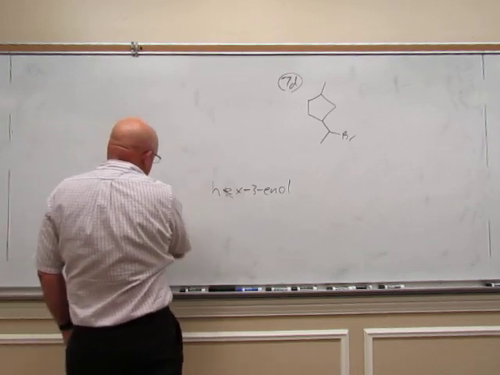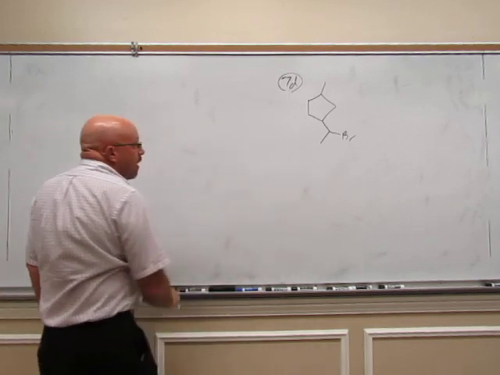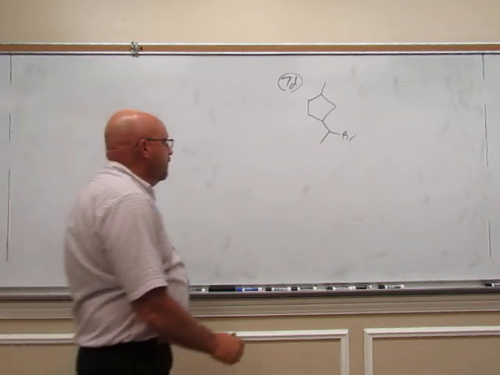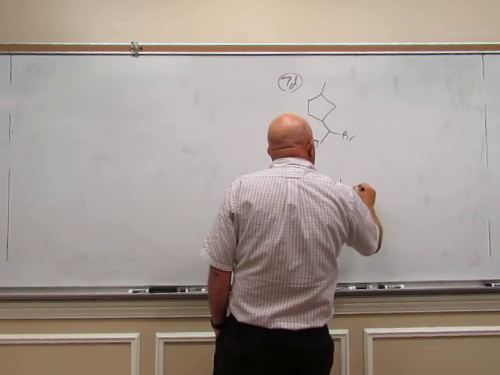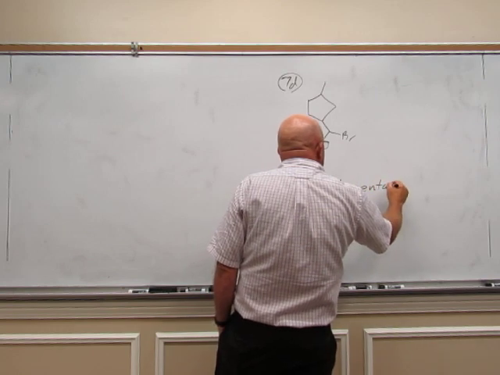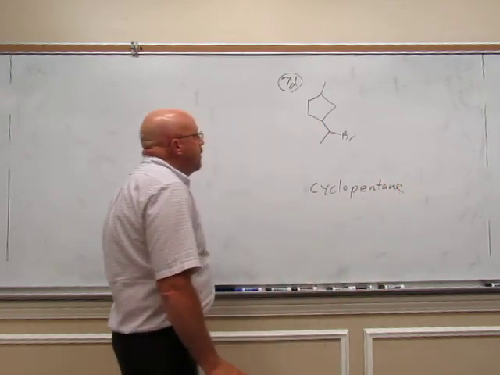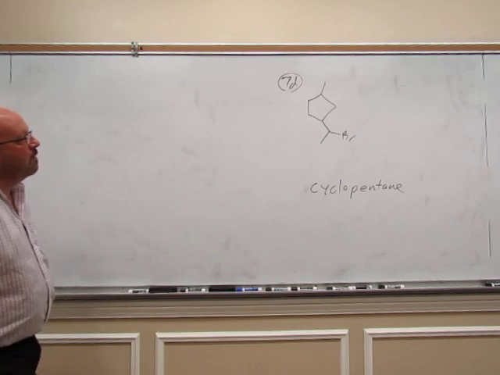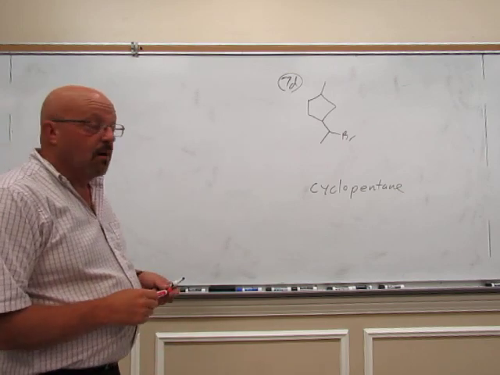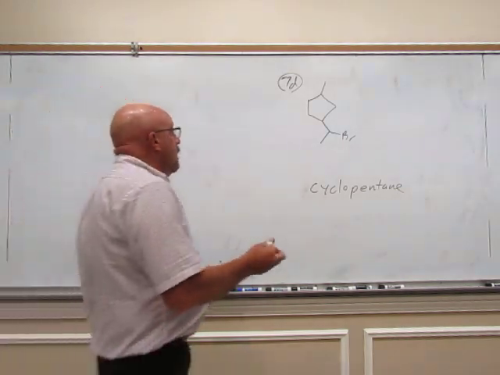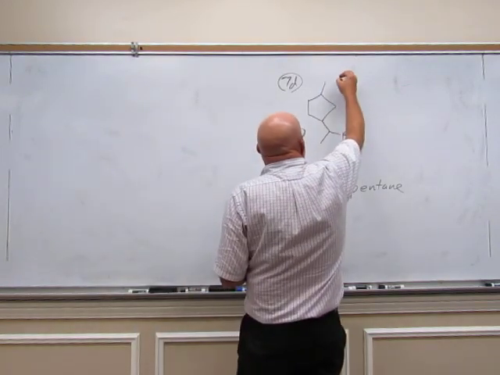Next one, we have another ring here. That ring is 5 carbons in the ring, so that is a cyclopentane. And we don't have any alkenes or alcohols or anything, so we're finished with that part. That's our parent, cyclopentane. We have some substituents hanging off. Up here we have a methyl group.